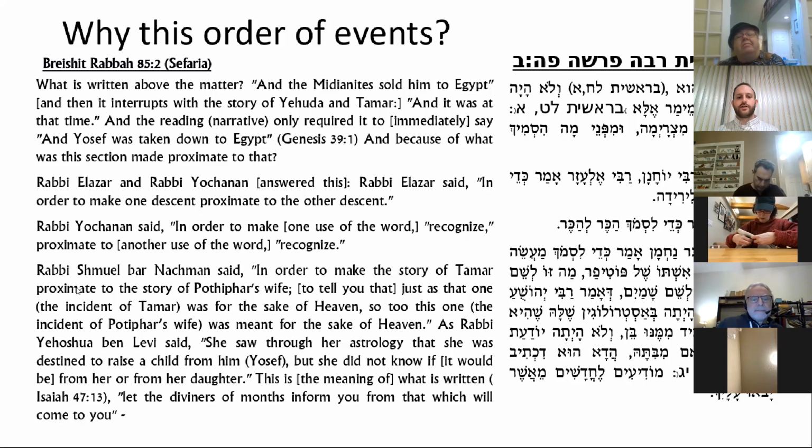Okay, so here we have the interesting comparison between Tamar and Potiphar's wife. If you look at what happened, it seems like Potiphar's wife is very much the aggressor, as opposed to Tamar, who is the abused. Tamar is not the one in charge; she gets wronged.